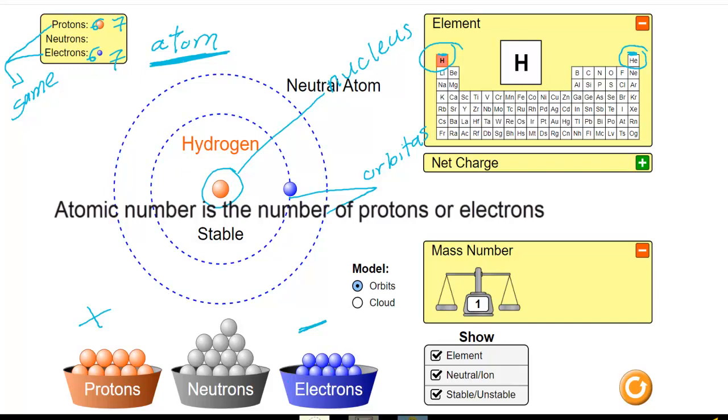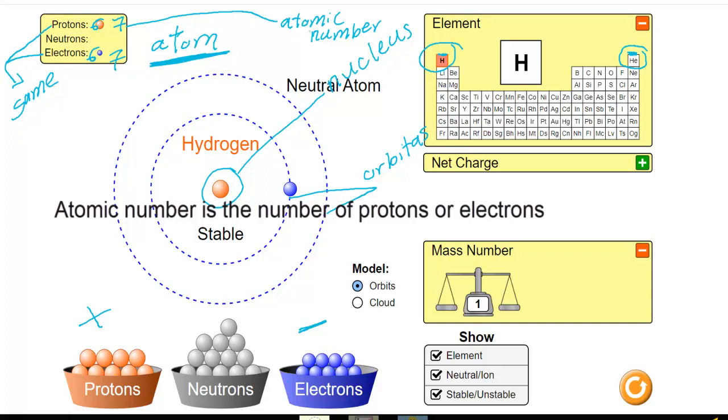So what is the atomic number? The atomic number is the number of protons, or electrons, it's the same number.